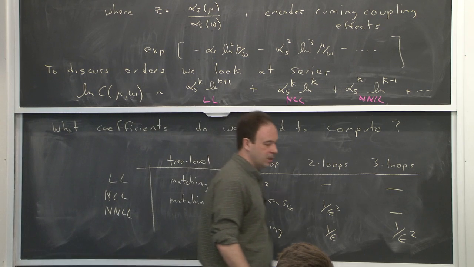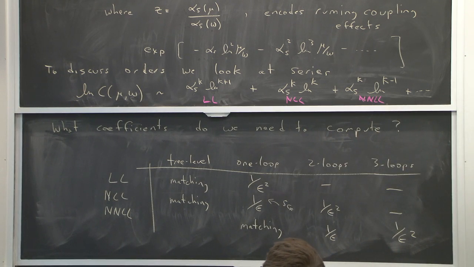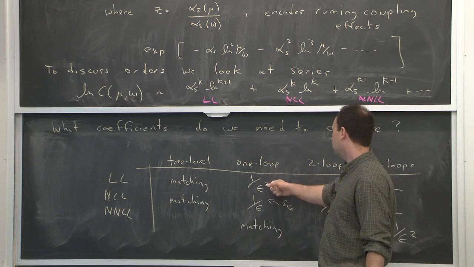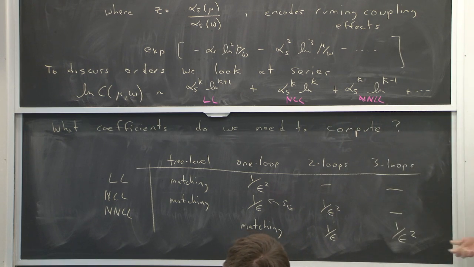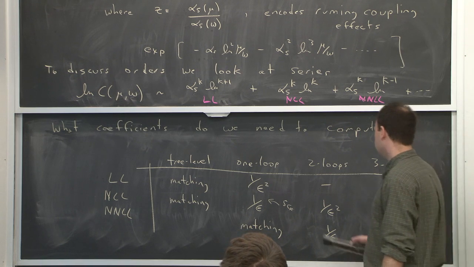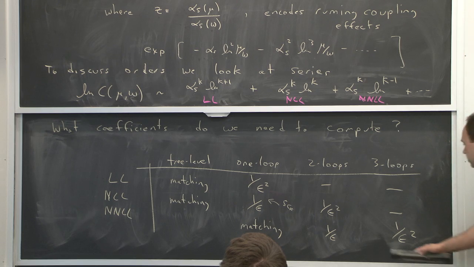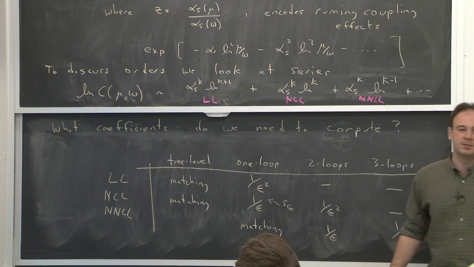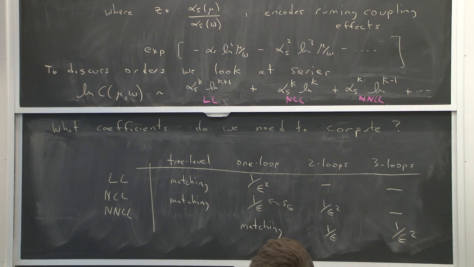Okay, so this is the information that you would need to go to higher orders. And this Cusp anomalous dimension is actually a universal thing. So given that it's been calculated, you can use it, and you don't have to recalculate it every time. These pieces, these 1 over epsilons, you have to recalculate in general.